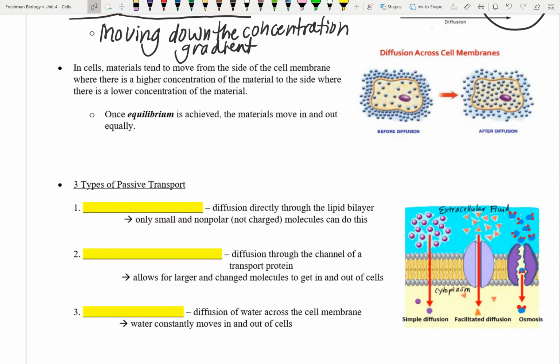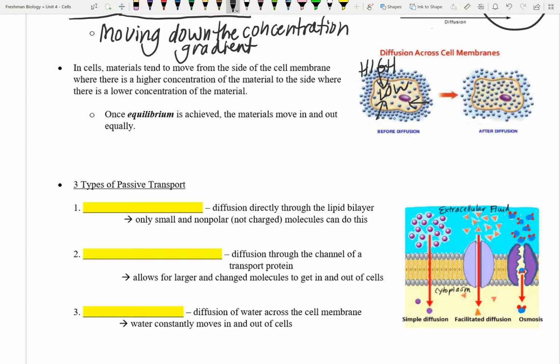So if there is something that can get through the cell membrane and there's more of it on one side than the other, like here, where you can see a high concentration of this blue molecule on the outside and a low concentration or amount of it on the inside, if that blue molecule can get through the cell membrane, it's going to overall move in that direction, going in.